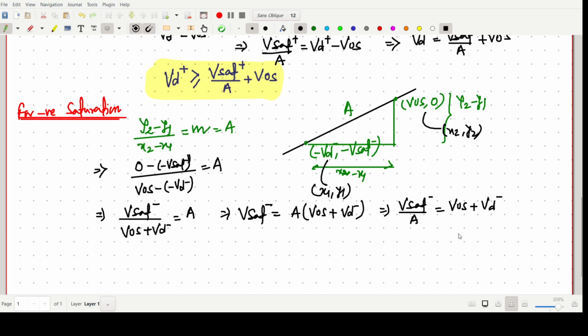So basically we have to find the Vd minus as Vset minus by A minus Vos.